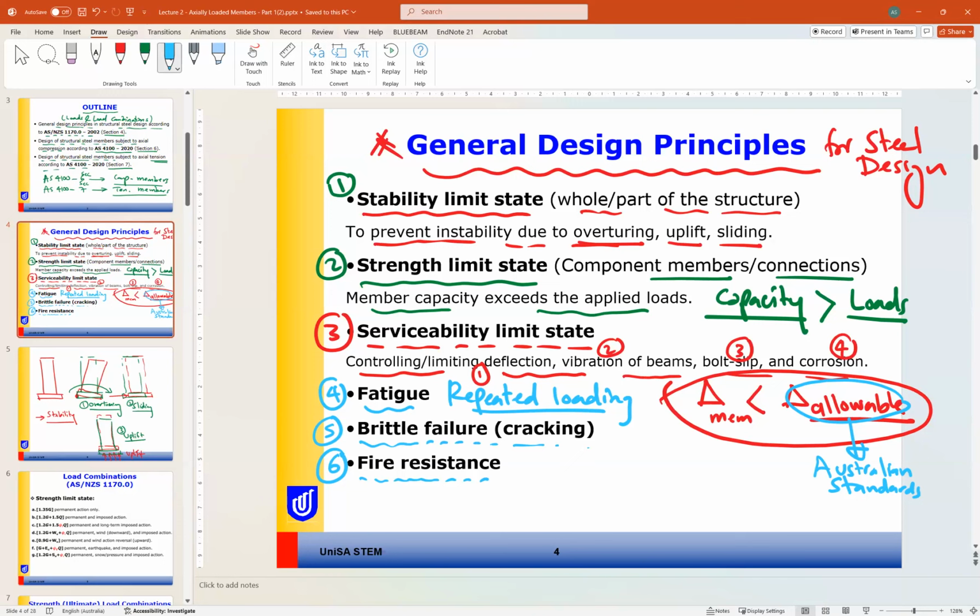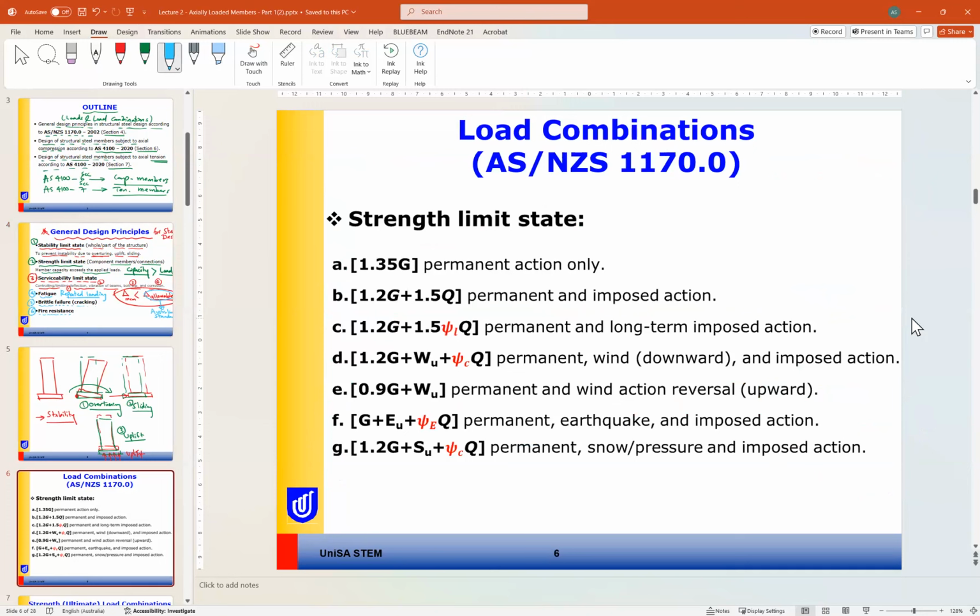So these are the general principles of the design of structural steel, according to the Australian standards AS 1170.0 and 4100. So let's interpret that in equations or formulas.